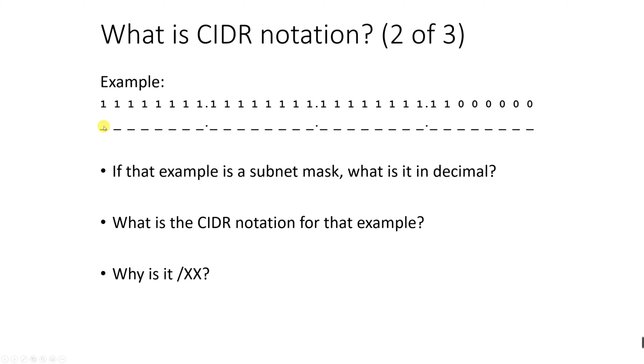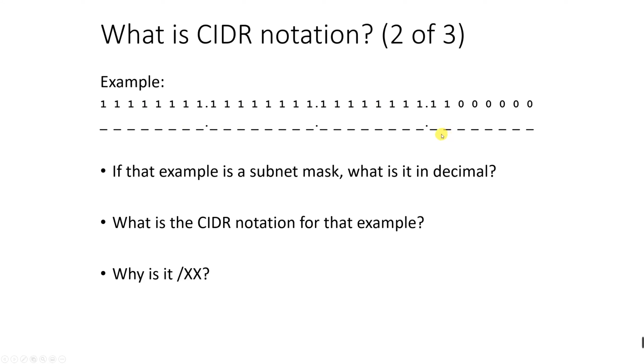So, what is it? Well, what's 1111 in decimal? You should know this from your number conversions just right off the top of your head. It's 255. So we know this subnet mask is 255.255.255. something. So what's this place value right here? It's 128. And what's this place value? It's 64.